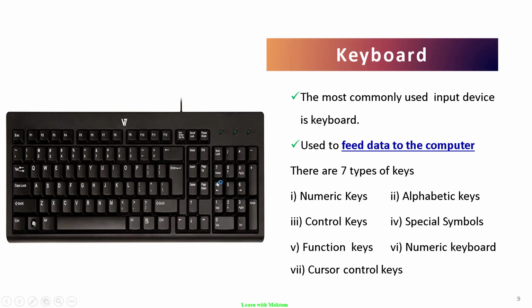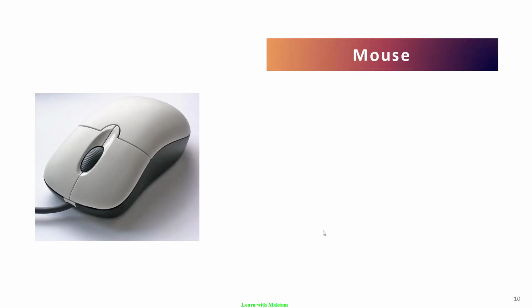In some laptops based on the width this numeric keyboard may be present, may not be present. Then cursor control keys are here, upper arrow, lower arrow, left arrow and right arrow. These are cursor control keys. So this is a brief introduction about keyboard. In detail we will be discussing in input and output devices. Okay, then moving on to the next part, that is mouse.